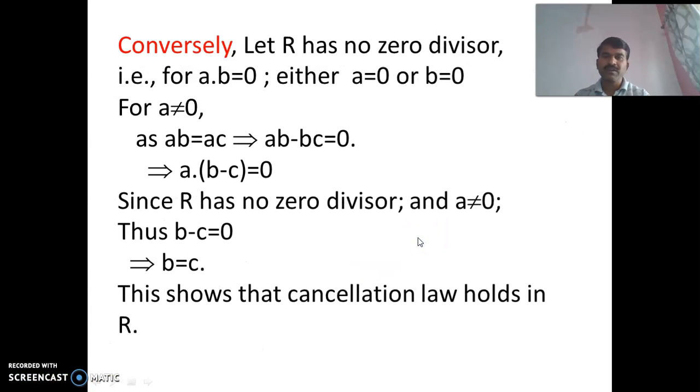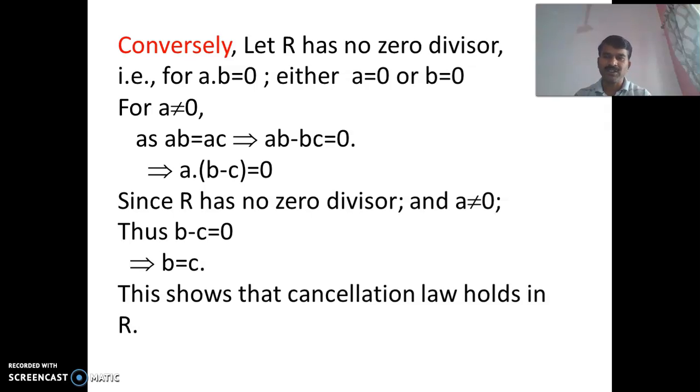Then, conversely, we assume that R has no zero divisor. That is, for A dot B equal to 0, either A is 0 or B is 0.